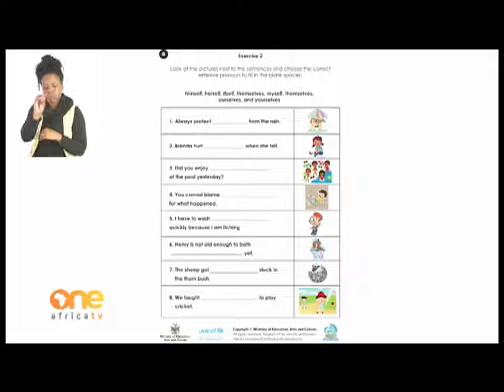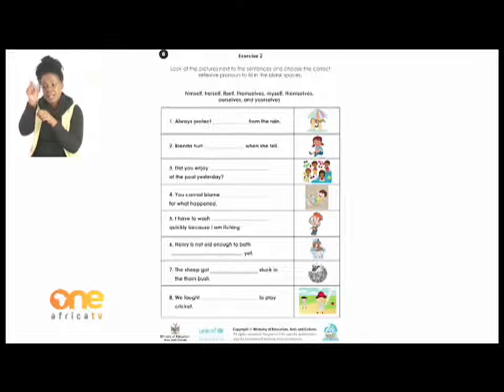Now remember, I said reflexive pronouns, they usually end with self and selves. Now you are going to look at the pictures and you are going to determine which reflexive pronoun will fit in the blank space.